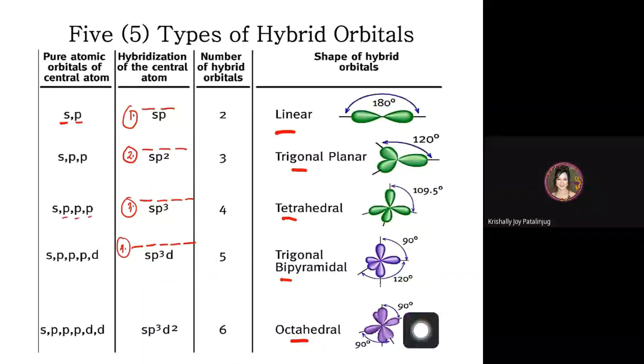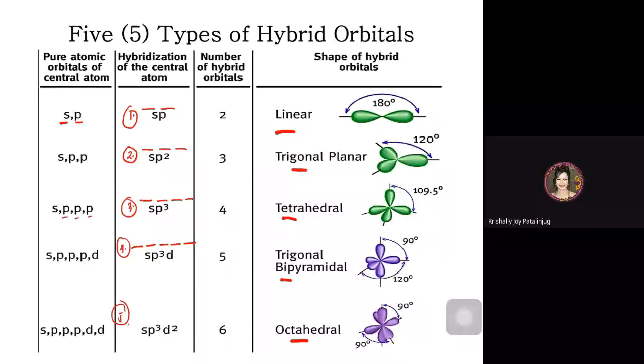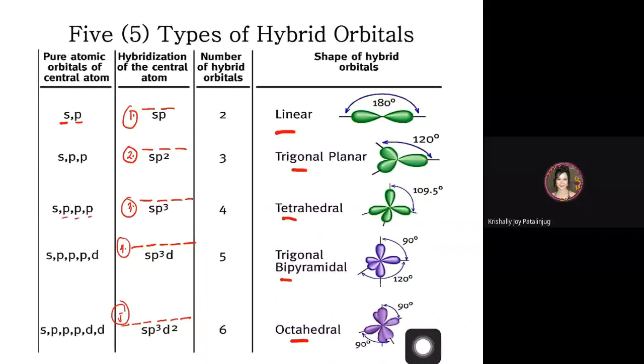So that's a total of 5 orbitals. Then lastly, we have sp3d2. So obviously that is equivalent to 6 orbitals. And related lang yung molecular shape sa hybridization of the central atom.